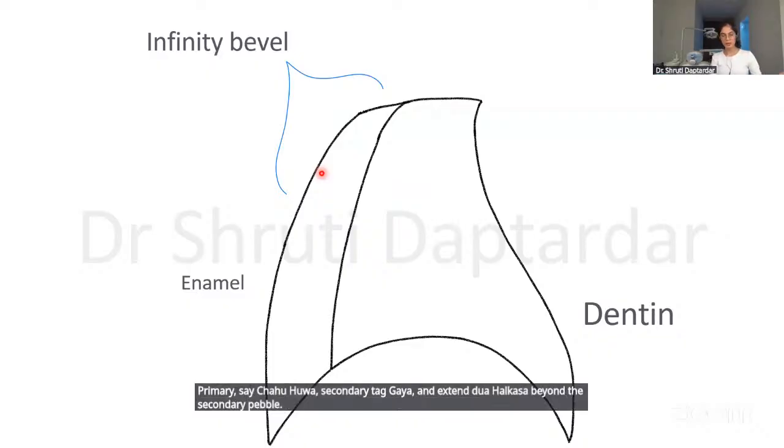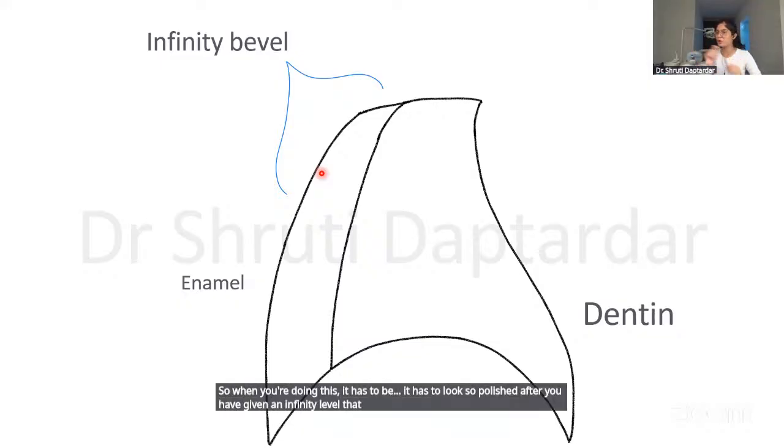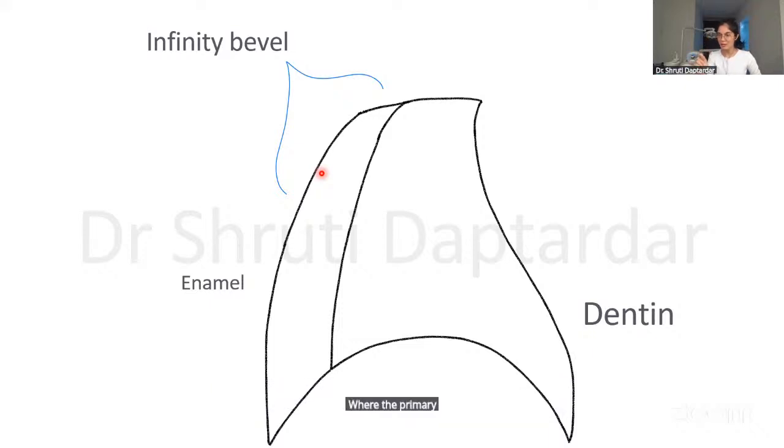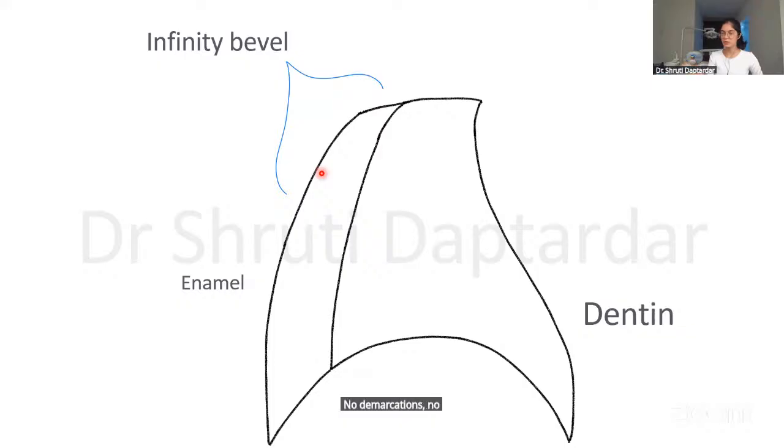When you are doing this, it has to look so polished after you have given an infinity bevel that you cannot tell where the primary bevel started and where the secondary bevel or your long bevel has ended. No demarcations, no sharp steps, no bumps, nothing, no roughness. Very smooth. Smoother your base, the better your composite is going to adapt.